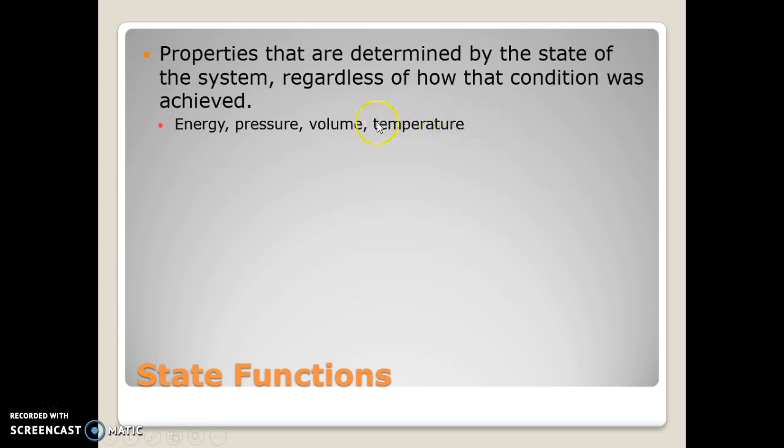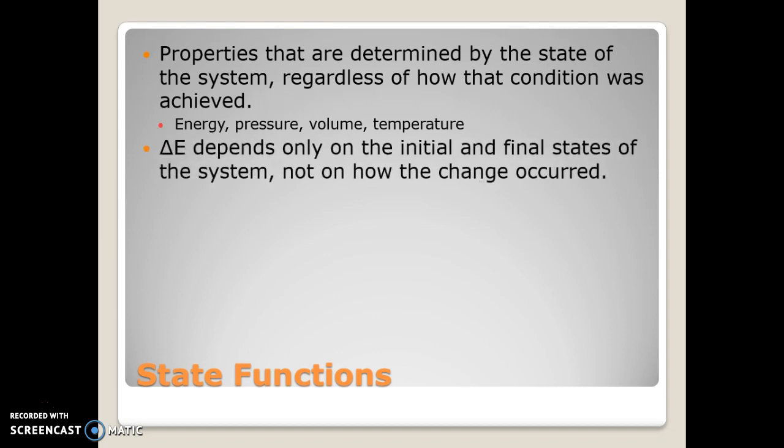We don't care how the temperature changed. If we added heat continuously, or we added bursts of heat and the temperature went up slowly and then dropped a little and then went up some more, we don't care how the energy change happened. We only care where it started and where it ends. So the change in energy is what's important in terms of initial and final states, not how we got there.